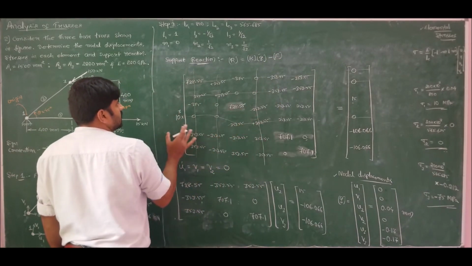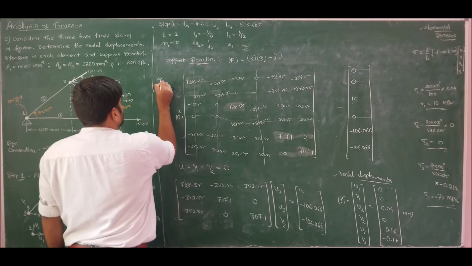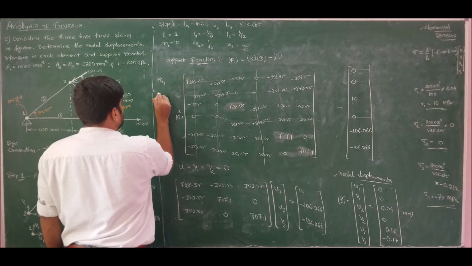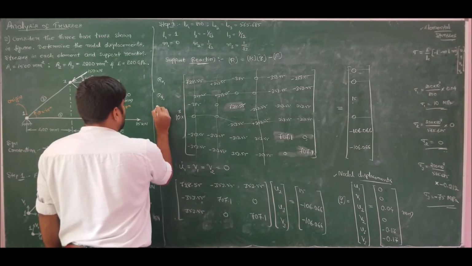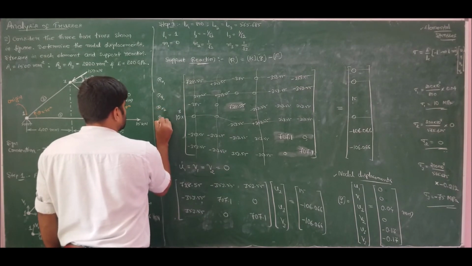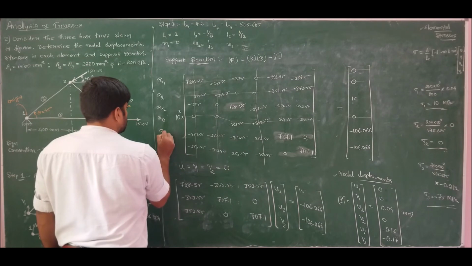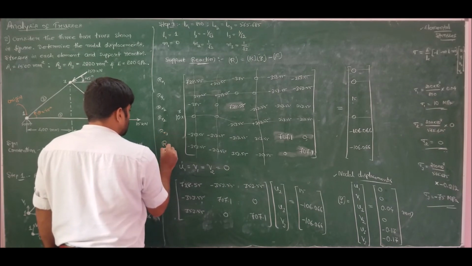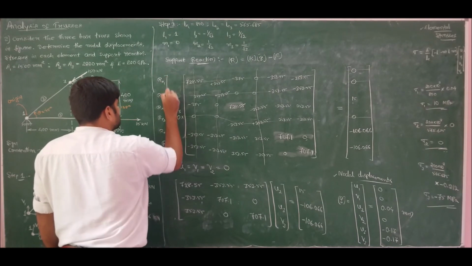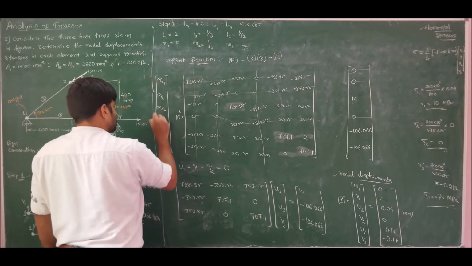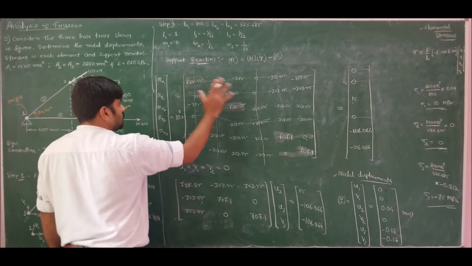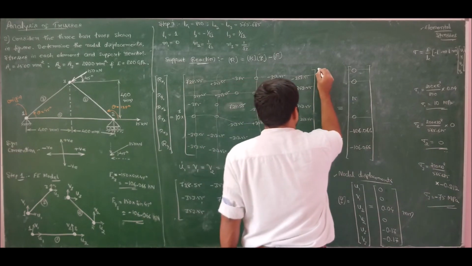So this is the K matrix we have. So therefore reaction Rx1, Ry1, Rx2, Ry2, Rx3, Ry3 is equal to K matrix into Q matrix.